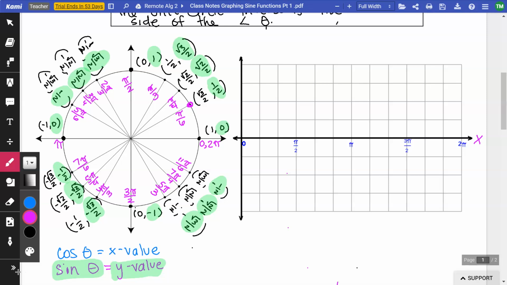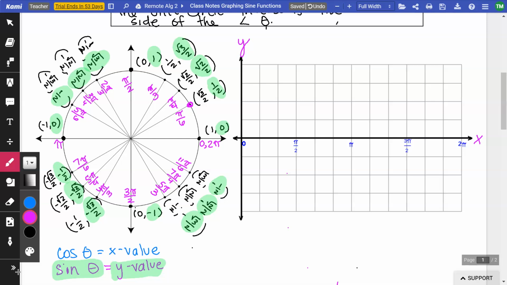So then for our y values, what is the highest y value that we're going to need for this graph? The highest y value is 1, because what is the maximum height that this rotation is going to have?